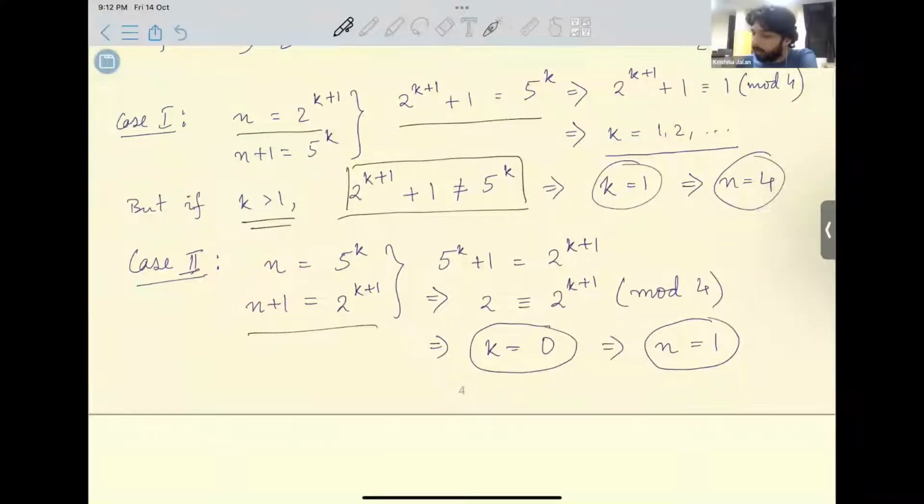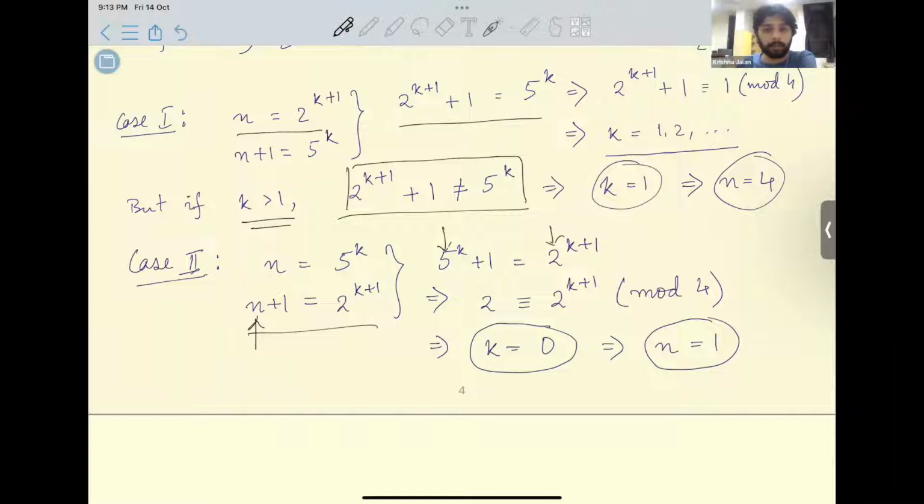What about the other case? The other case is when n is equal to 5 to the power k. Again, using that n plus 1 is equal to 2 to the power k plus 1, I put the value of n in this equation. So 5 to the power k plus 1 is 2 to the power k plus 1. I take mod 4 again. You may ask why mod 4. I see that 5 is congruent to 1 mod 4, and any power of 2 greater than or equal to 2 gives me 0.